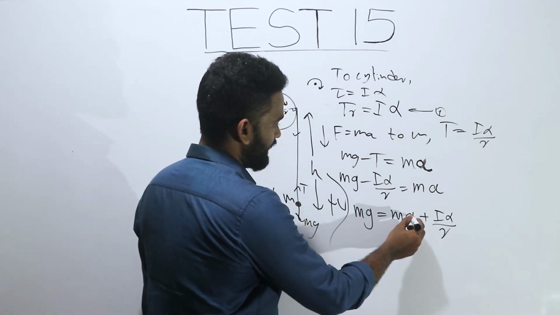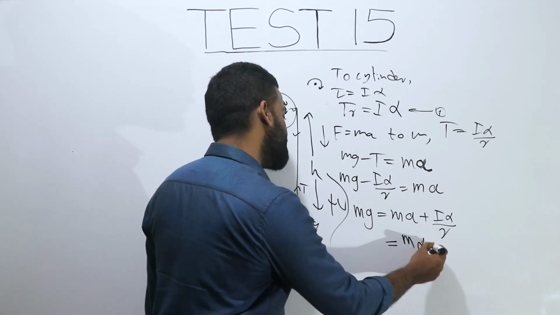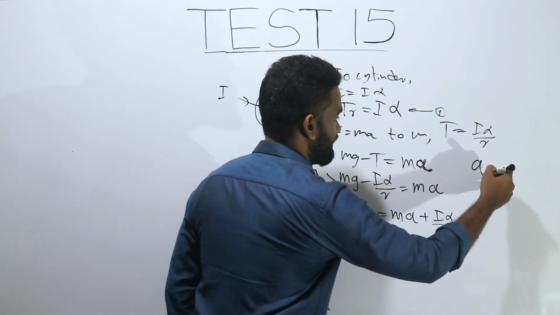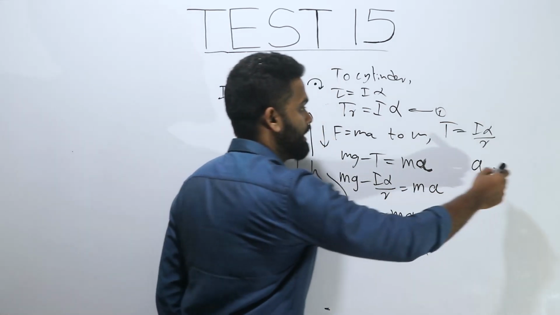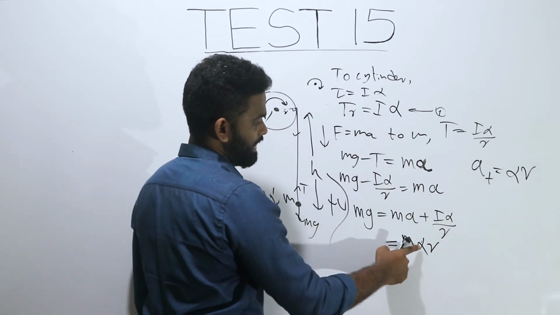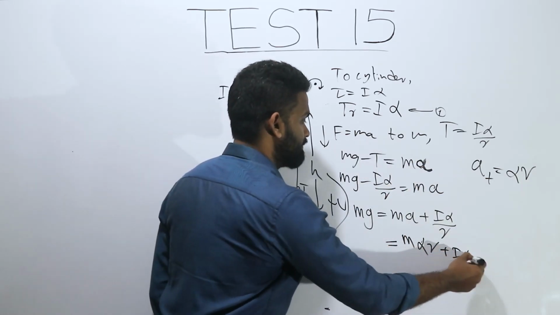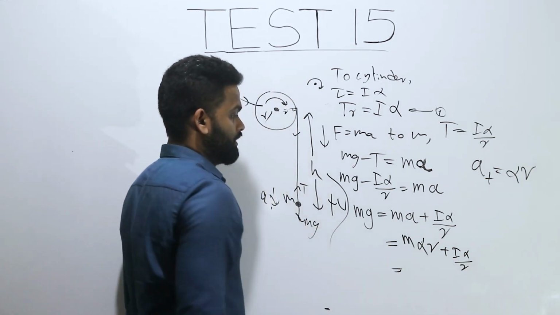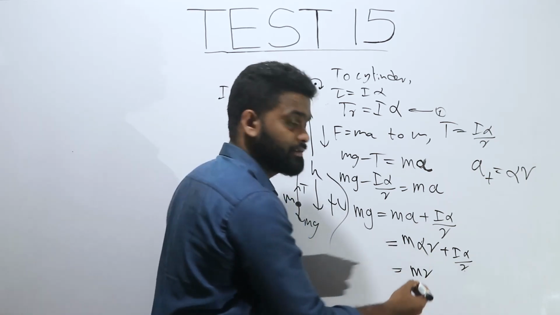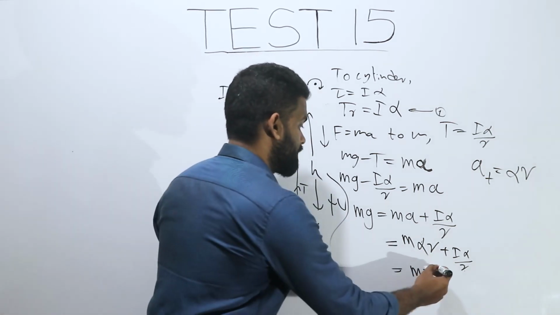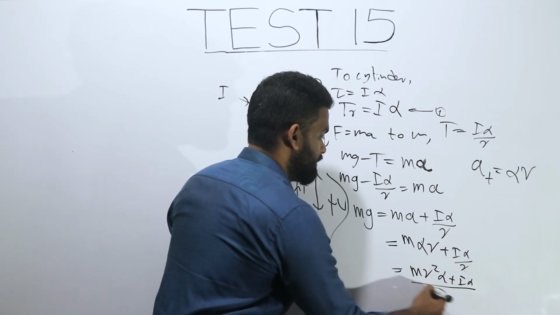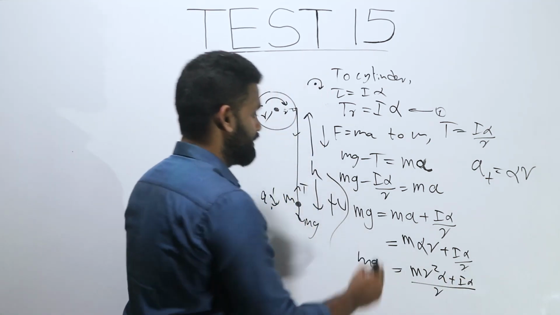So this linear acceleration is equal to alpha r. You know that tangential acceleration, that is also the linear acceleration, is equal to alpha times radius. So I just applied alpha r plus I alpha divided by r. If you take the common denominator, m r squared alpha plus I alpha divided by r is equal to mg.